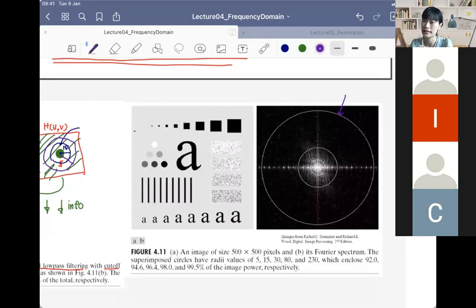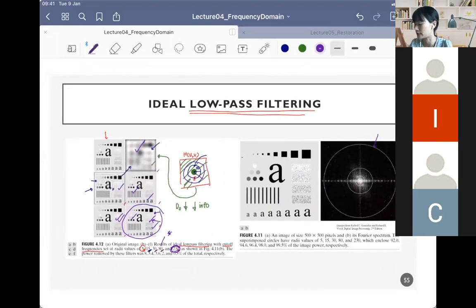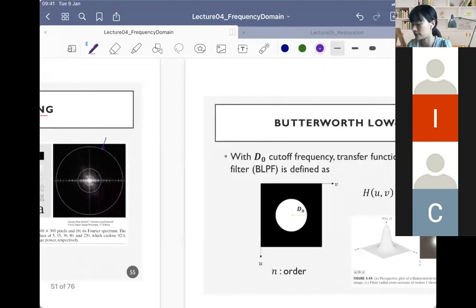In the exercise, I will let you design your own cutoff frequency as well. So for the ideal low pass filter, all you have to identify is the cutoff frequency, and you'll be able to get all the low frequency out from the image. Okay, this is the ideal low pass filter.